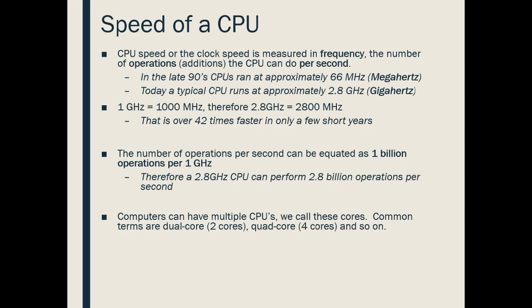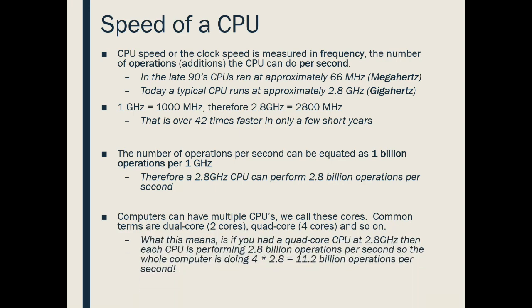In any case, to do some math behind this, when we have multiple cores, we're basically just multiplying our speed, because each core has that speed. So for example, if you have a quad core computer that runs at 2.8 gigahertz, that means you have 4 cores, each running at 2.8 gigahertz, or together 11.2 gigahertz, or 11.2 billion operations per second.